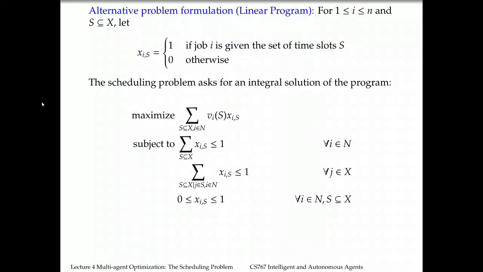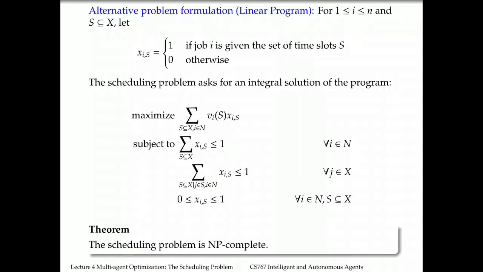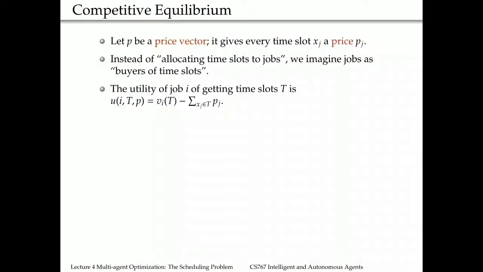However, notice that the transformation from the original problem to this problem requires an exponential blowout, because we need to create a variable for every subset of X. So this problem is very, very large, and solving it can become impractical in actual applications. And in fact, we can prove that this problem is NP complete. So one would not hope to get a polynomial time algorithm.